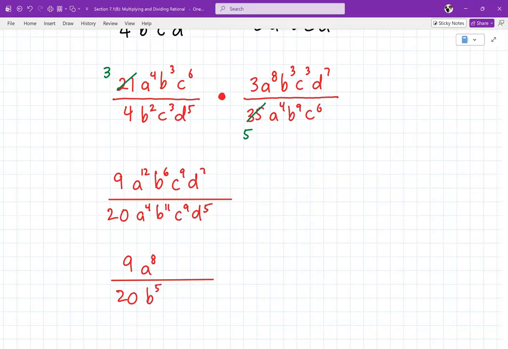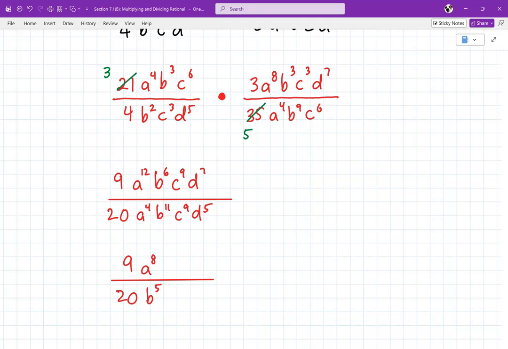Okay, c. What happens with c? It says c to the 9th over c to the 9th. They're identical. What happens? Well, if I subtract 9 minus 9, 0. What's c to the 0? What's anything to the 0 power? It's 1, right?